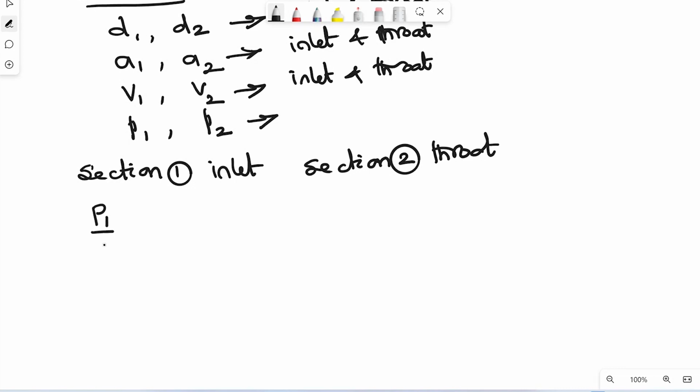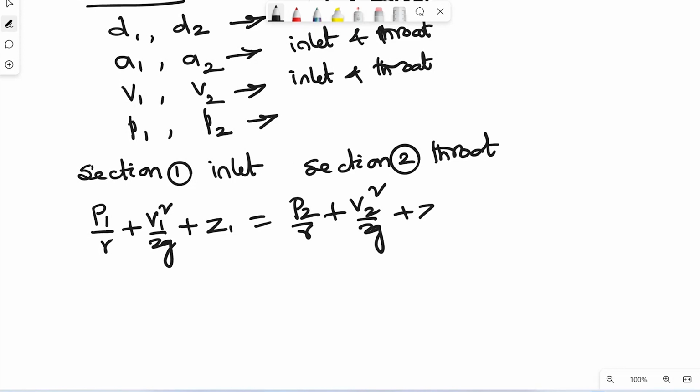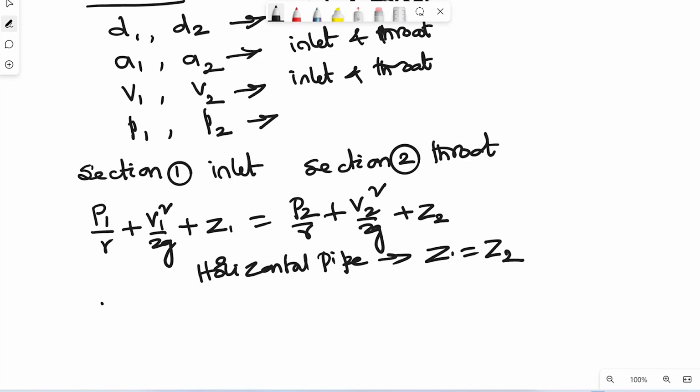The Bernoulli's equation is P1 by gamma plus V1 square by 2g plus Z1 is equal to P2 by gamma plus V2 square by 2g plus Z2. As the venturimeter is connected in a horizontal pipe, naturally Z1 is equal to Z2. Therefore, P1 by gamma plus V1 squared by 2g is equal to P2 by gamma plus V2 squared by 2g.